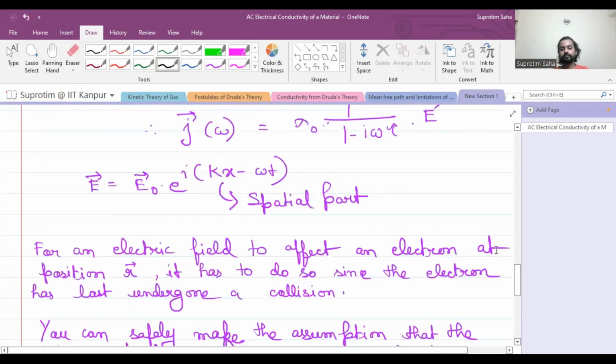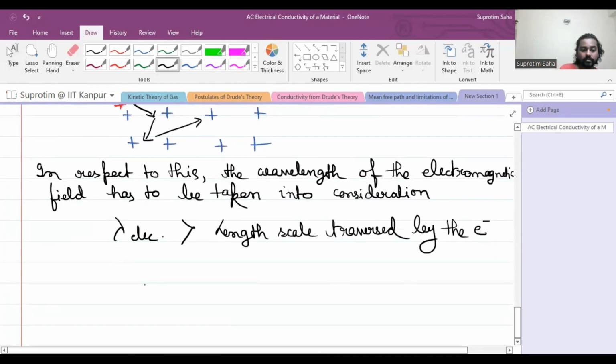This criterion is satisfied by visible light, 10 raised to 3 to 10 raised to 4 angstrom.